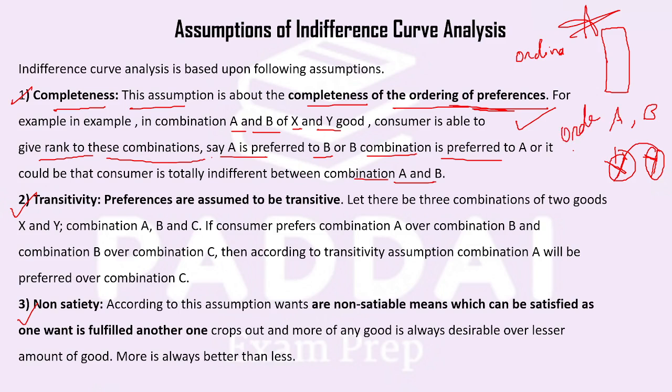So it is complete. He can make an order based on his level of satisfaction, वो जो भी उसको satisfaction मिलता है, वो उसको order में लगा सकता है.